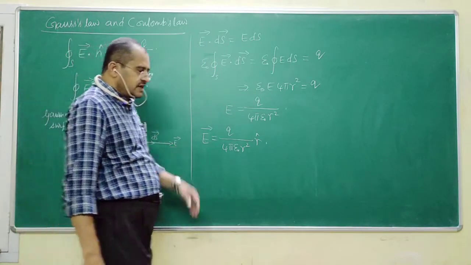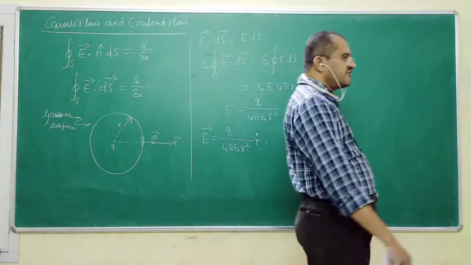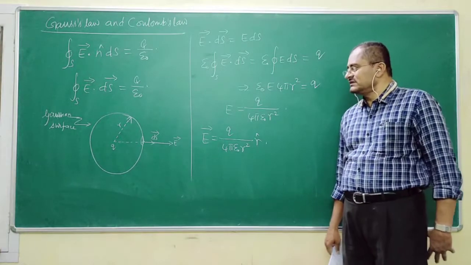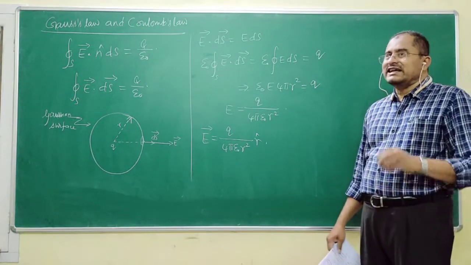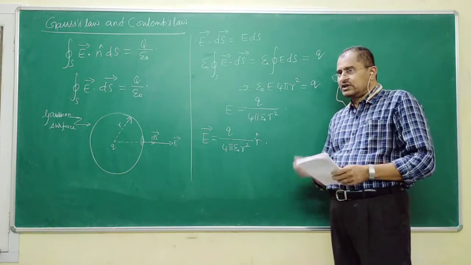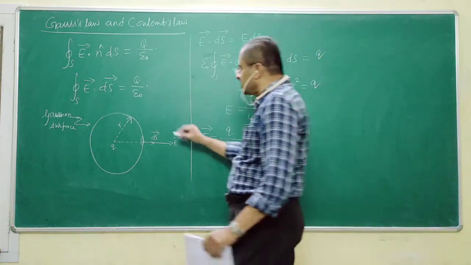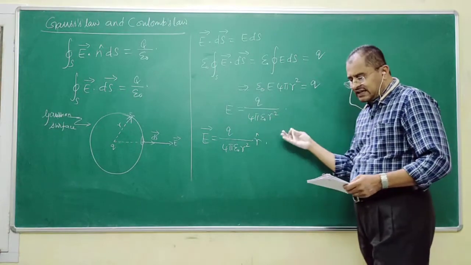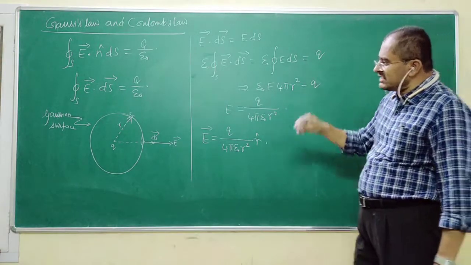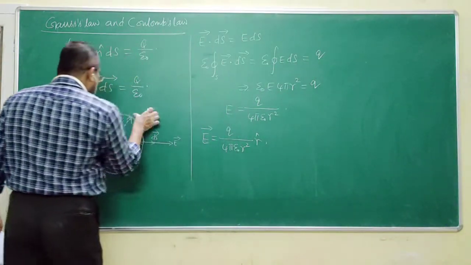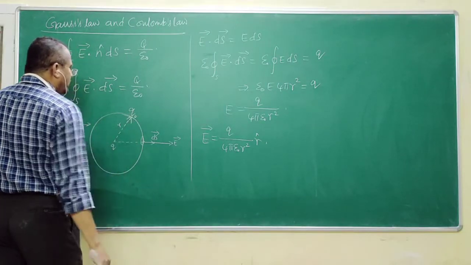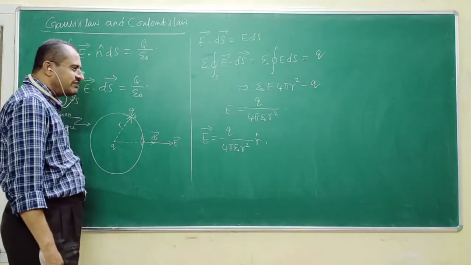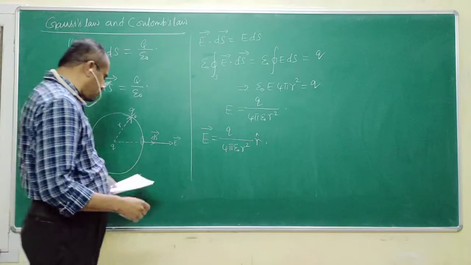In order to derive Coulomb's law from this Gauss's law, I will put a test charge or a point charge q naught at a point where I know this electric field. The moment I place a point charge here, definitely it is going to experience a force.